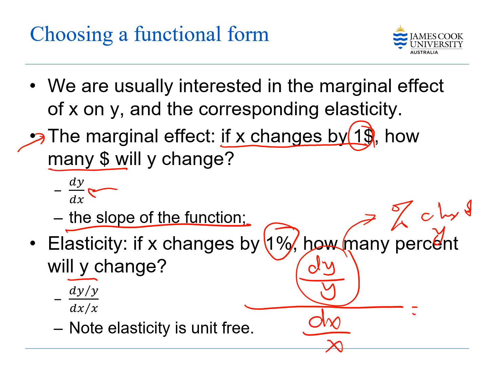Now you should know that this elasticity is unit free. Unit free is a nice feature, right? We don't need to worry about what units we are using, and it might be easier to compare across different regressions.